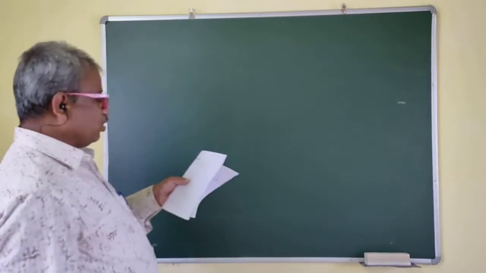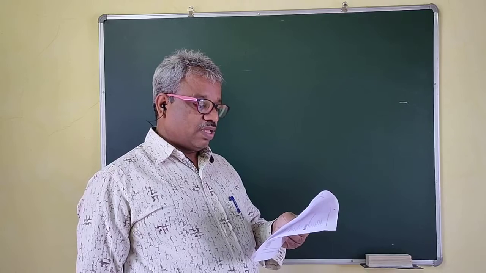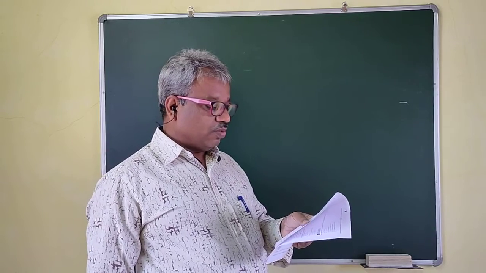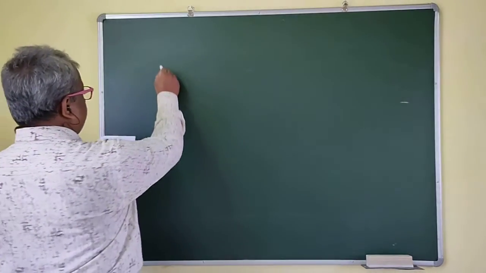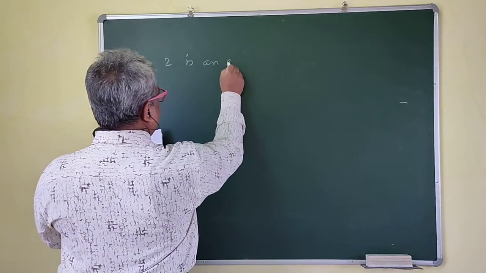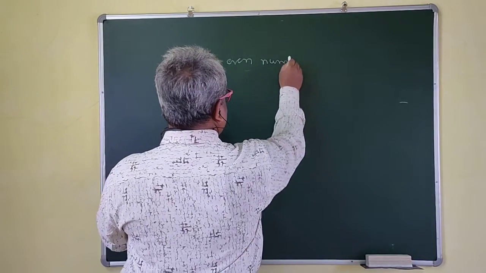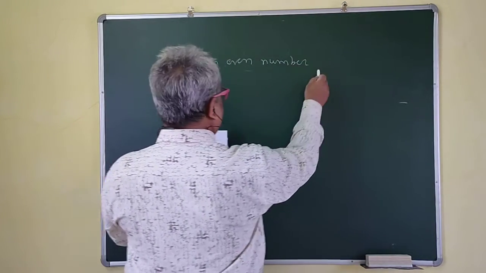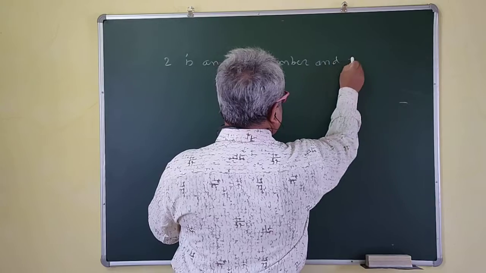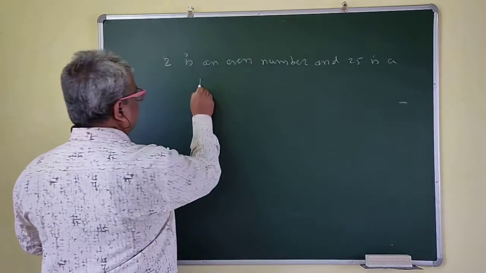Express the following compound statements symbolically without examining the truth values. First, 2 is an even number and 25 is a perfect square number.